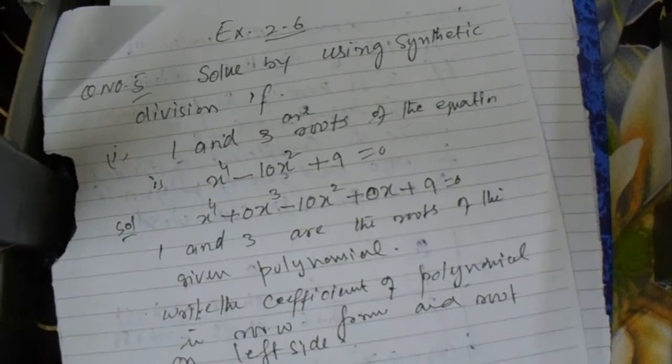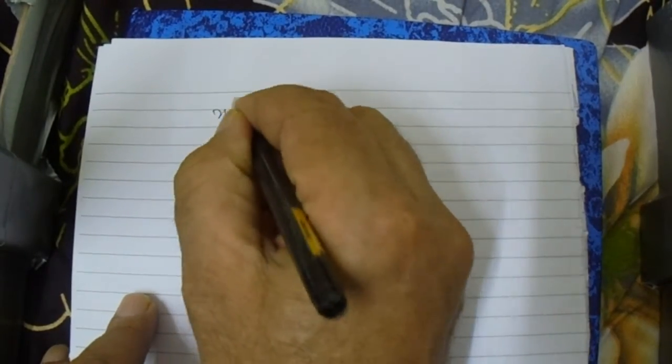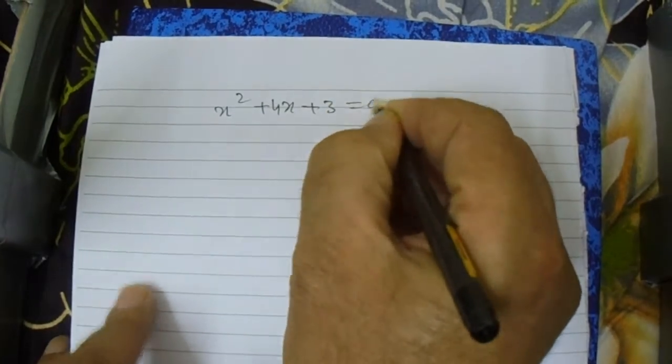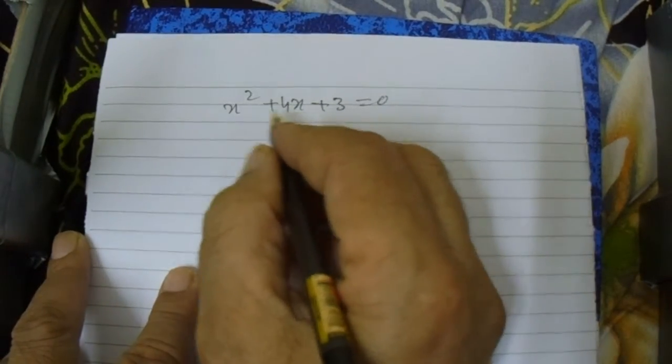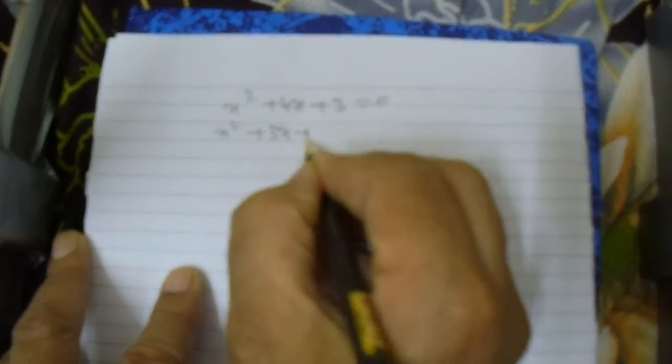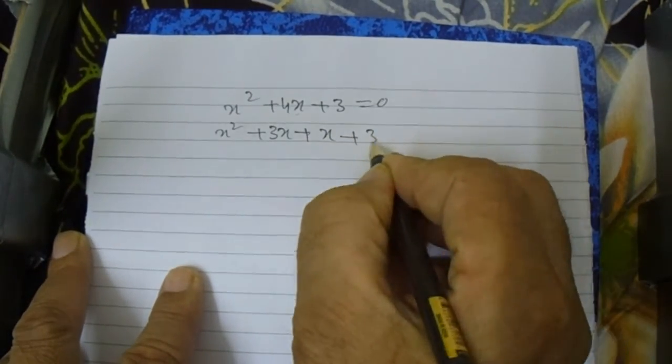Now we solve this equation again. Write here again this equation, x² plus 4x plus 3 is equal to 0, and we make the factors: x² plus 3x plus x and plus 3 is equal to 0.